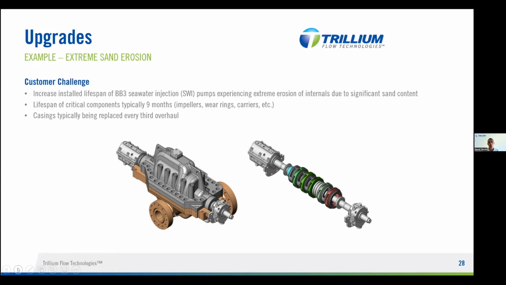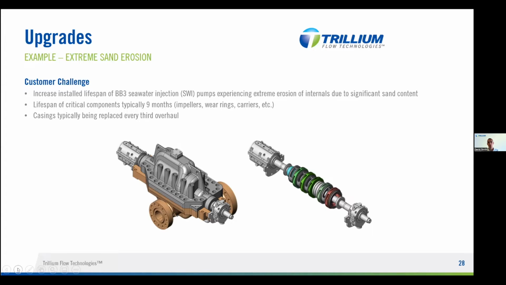If we're talking about the main components, such as impellers, wear rings, etc., these were only lasting about 9 months in the existing form. And looking at the larger components, the actual casings themselves, we were having to repair them every overhaul, with significant weld repairs, and you can only do that so many times.